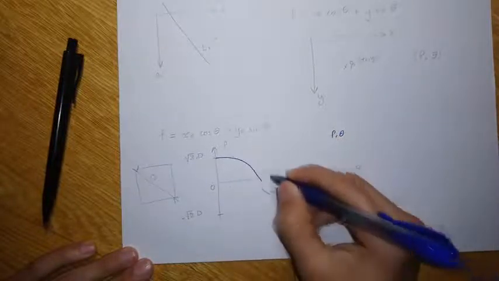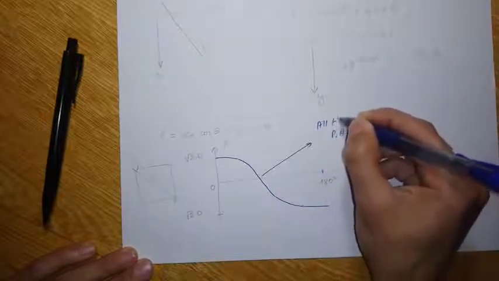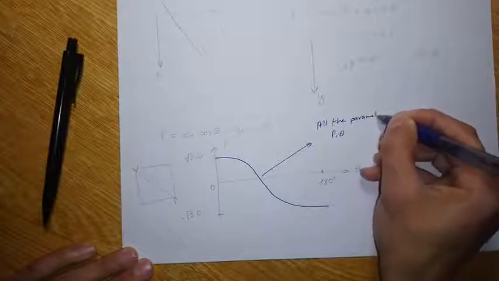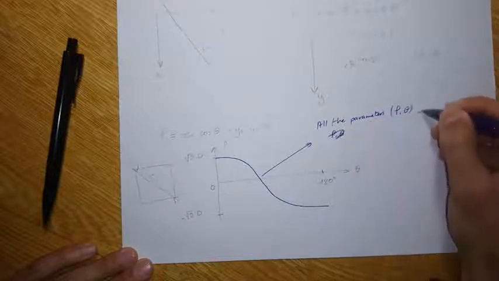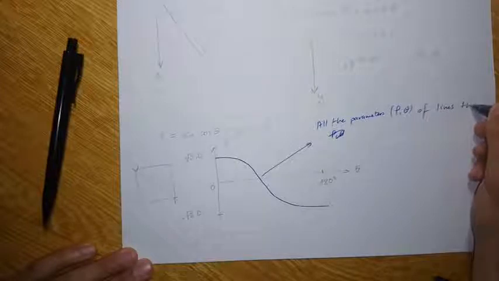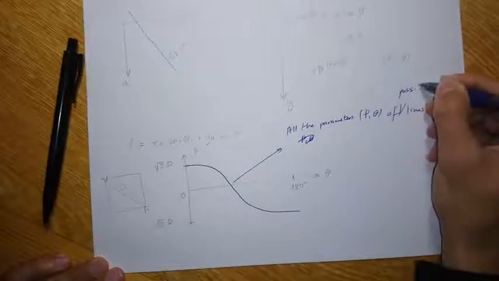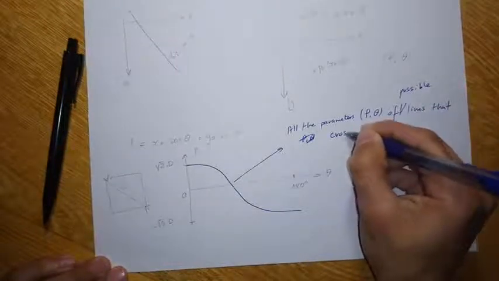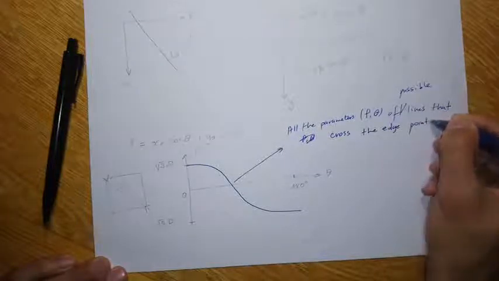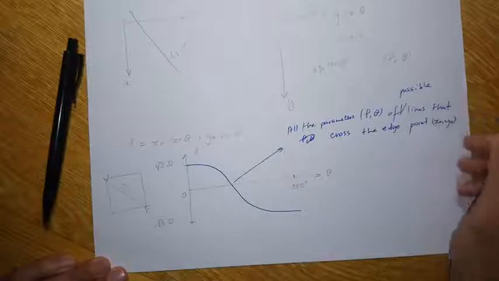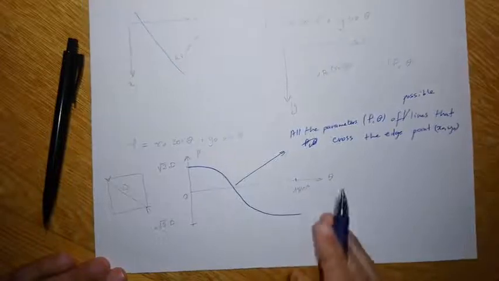This curve represents all the parameters rho and theta of possible lines that cross the edge point x0, y0.